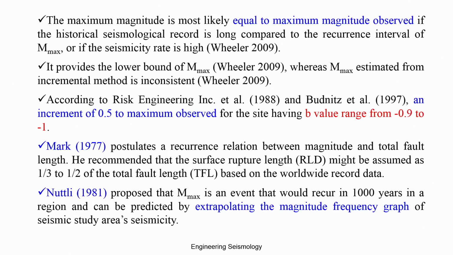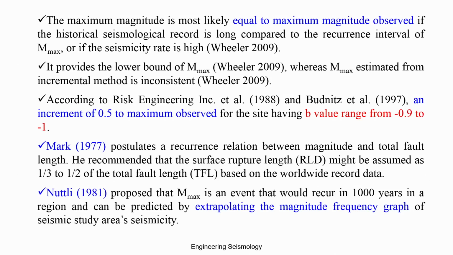But for most regions in the world, this kind of scenario does not exist, so one has to be very cautious in using it. Second, it provides a lower bound of M max, whereas the M max estimation from the incremental method is inconsistent. You can also estimate with the incremental method, where you add some value to the M observed value. That is method 2.